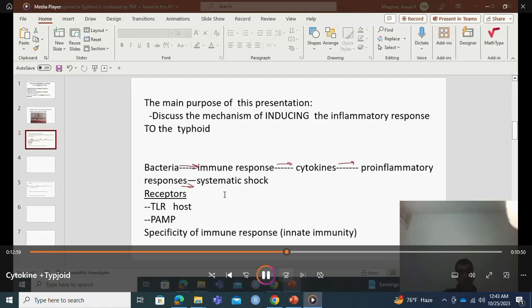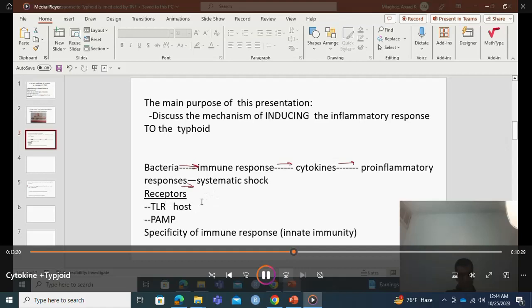The immune cells recognize the pathogen, whether it is gram-positive or gram-negative, depending on the cell recognition that happens between the receptors. In this presentation, we're going to focus on two main receptors.